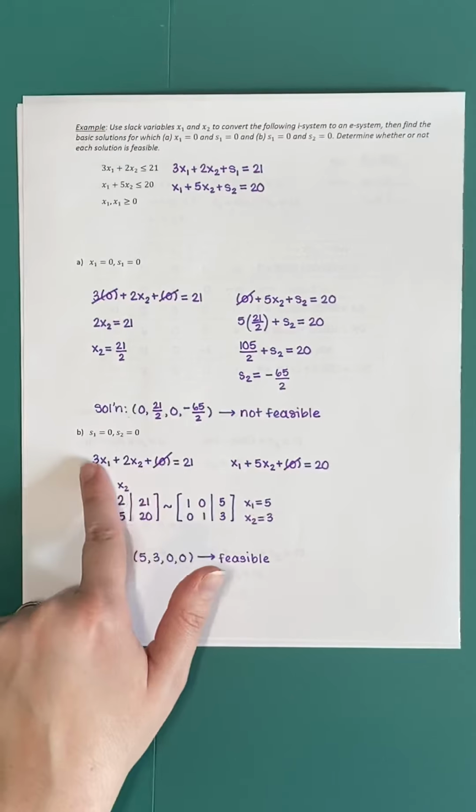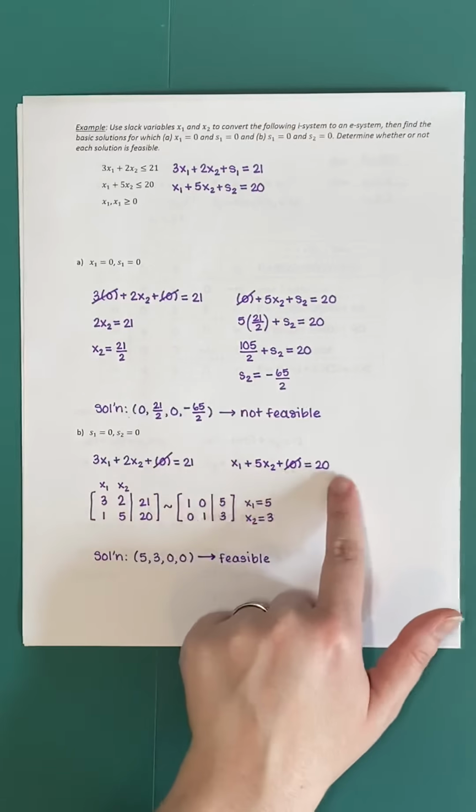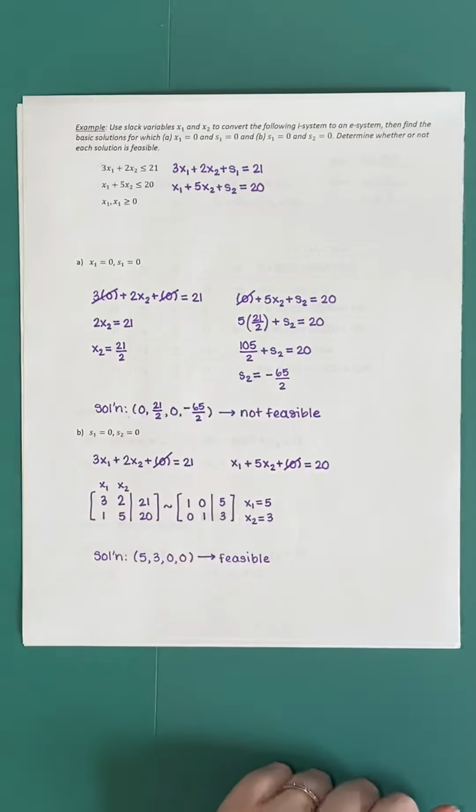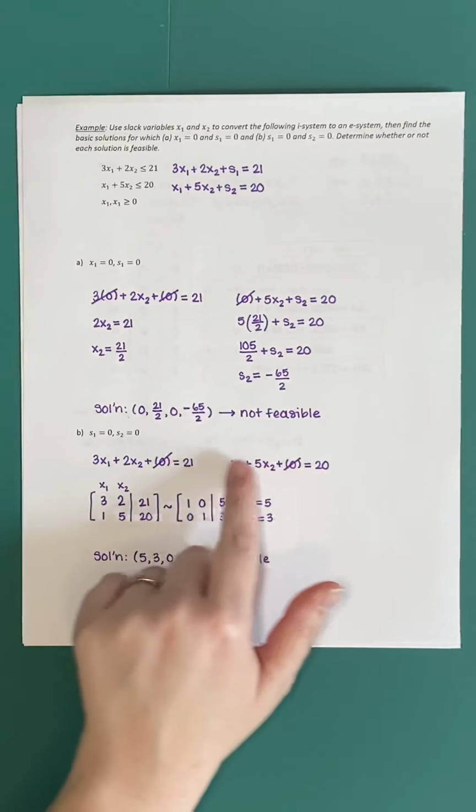What results is now 2 equations with 2 variables, and they're each the same variable. Now we have essentially a 2x2 system of equations, 2 equations, 2 variables. We have a lot of techniques we can use to solve a system of equations like this. So for instance, I'm looking at equation 2.